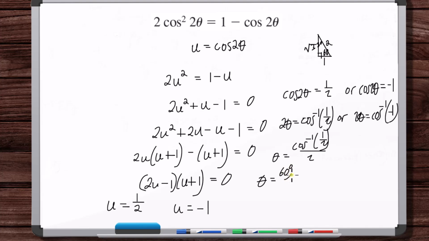Now, cosine is positive in quadrant 4, so 60-degree reference angle in quadrant 4 is 300. Okay, or theta is, so cosine is -1 at 180 degrees, and that's the only angle between 0 and 360. So, okay, take 60, take 300, take 180, or any angle coterminal with those angles, then divide it by 2, and any of those would satisfy this equation.